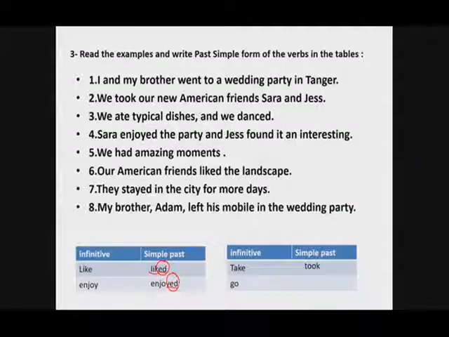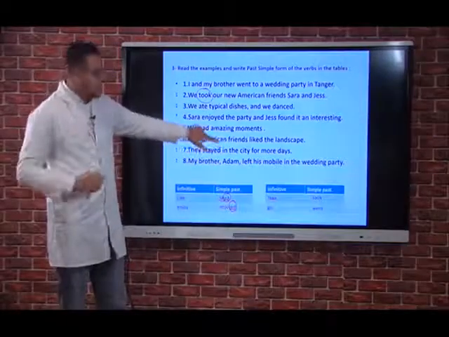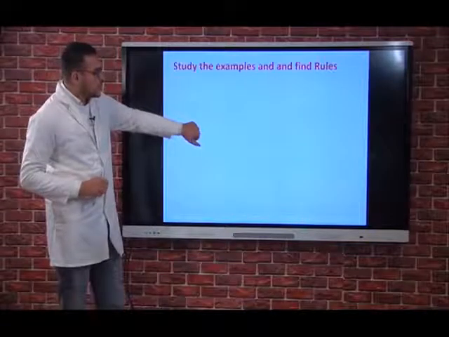The simple past of take is took. So we took our new American friends, Sarah and Jess, with us. Go, the verb to go, we say went. So when I say go, in the past I say went. So this is the form of the simple past of go.